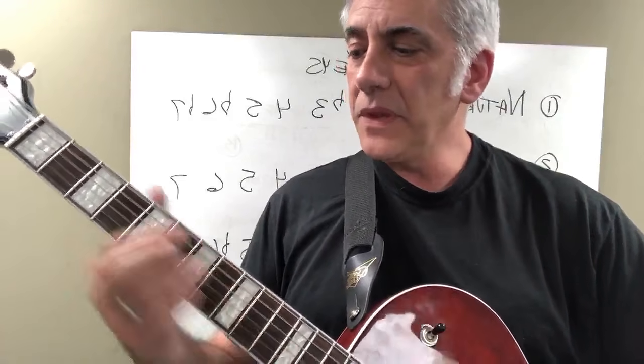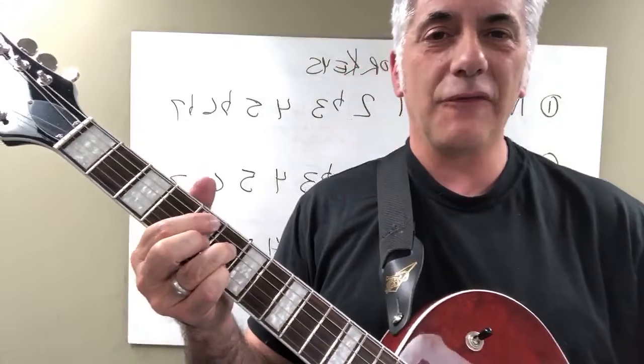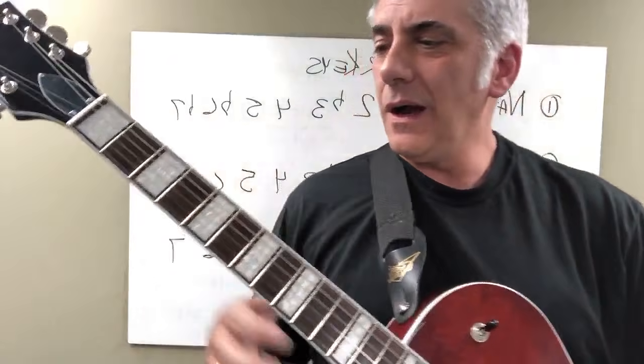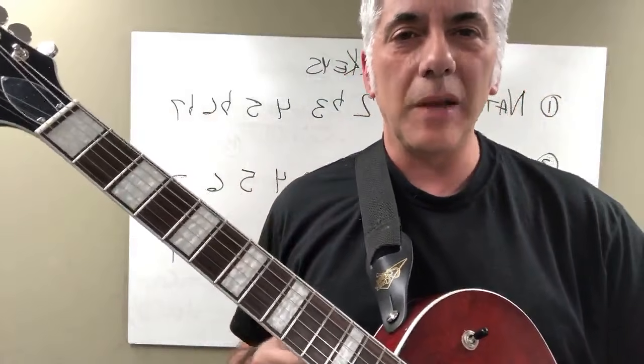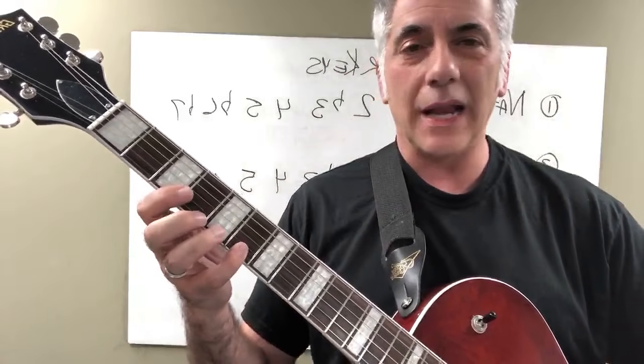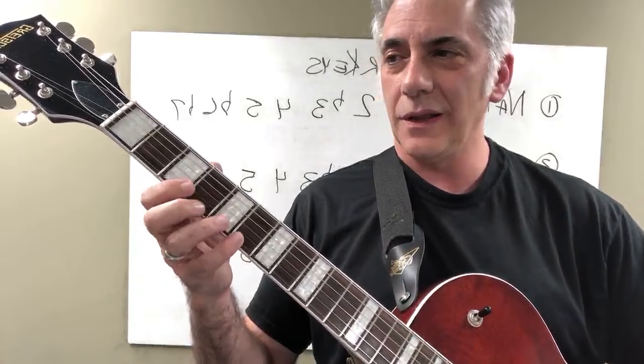Okay, but then you get to this chord, D minor 7 flat 5. Now, on that, many times I will use a mode of the melodic minor scale. So I'll use a Locrian natural 2.